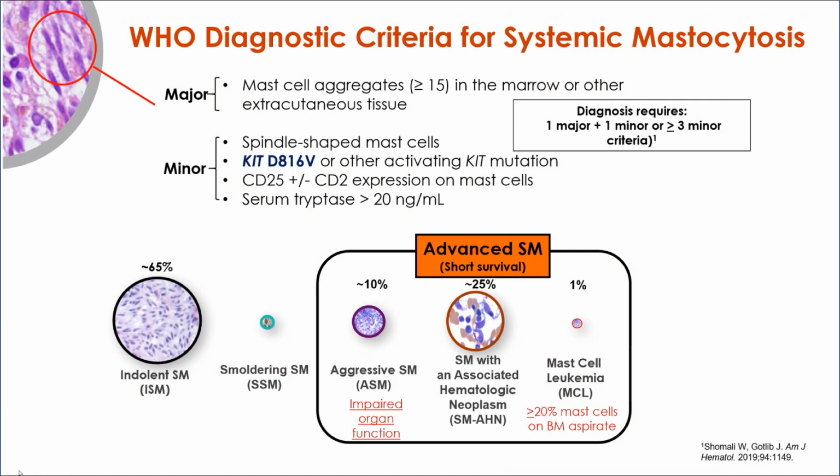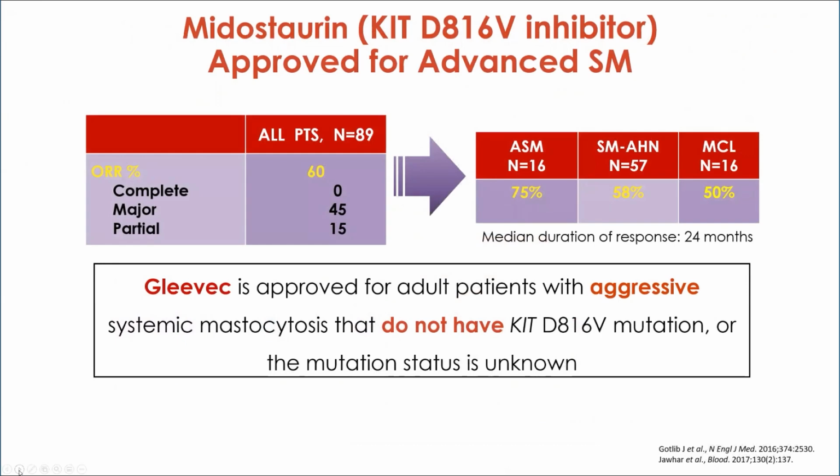And we're going to focus on advanced disease, for which we as hematologists have therapies. Midostaurin is a specific KIT D816V inhibitor, the first one that was approved for advanced mastocytosis. I use this term advanced for aggressive systemic mastocytosis, systemic mastocytosis with associated hematological neoplasms, and mast cell leukemia. Among these, as you see, the most frequent one is the one that has associated non-mast cell hematological disease.